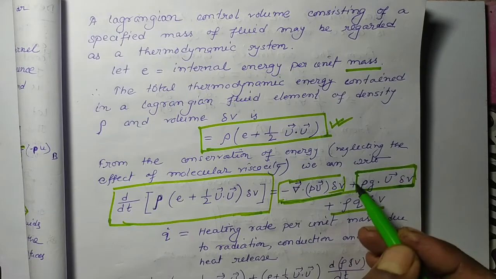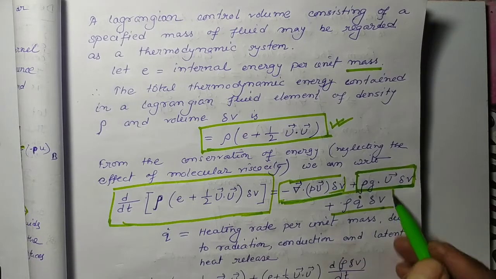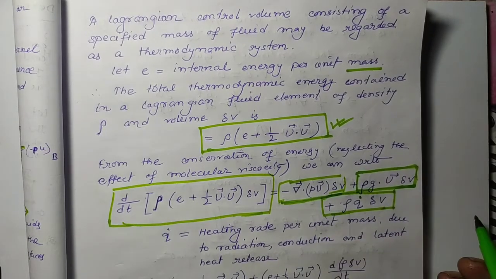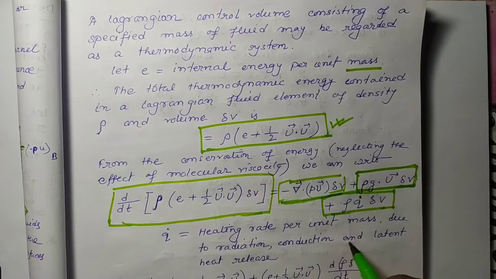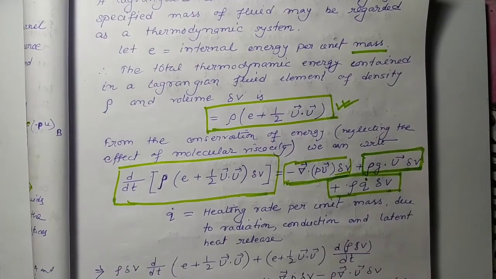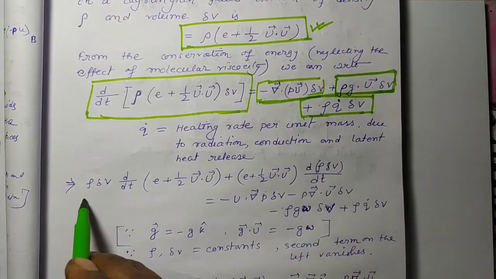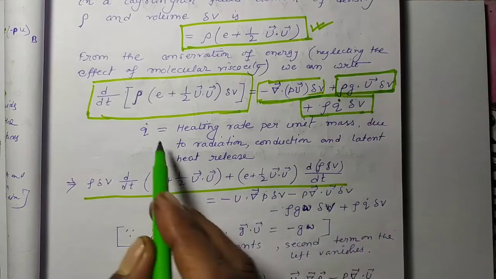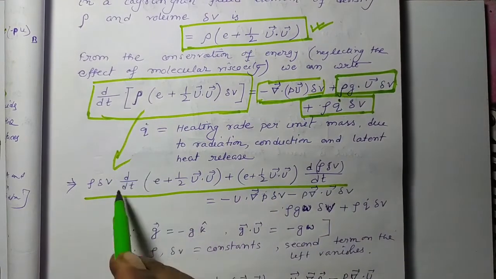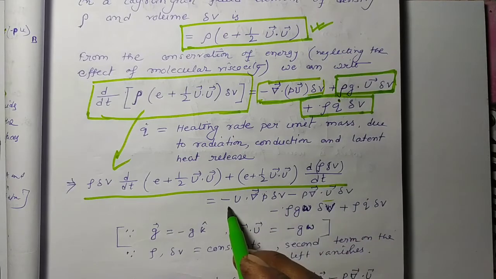Only the force due to gravity is included, and the third one is due to the heating effect on a system, where Q dot is the heating rate per unit mass due to radiation, conduction and latent heat release. Now from this equation, if you make a simple derivative, the left side will give this, and the right side will be the same.